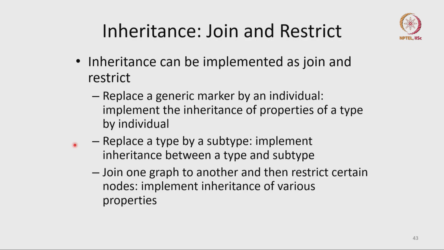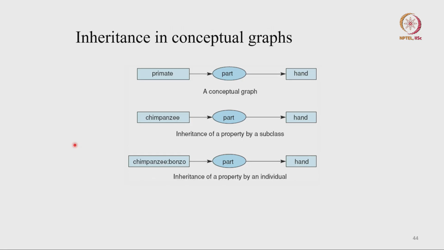So, when you say restrict, then the inheritance comes into the picture. So, if you are going to replace something by something more specific, and some property inheritance is going to be used over there. Okay, so, inheritance in conceptual graphs.